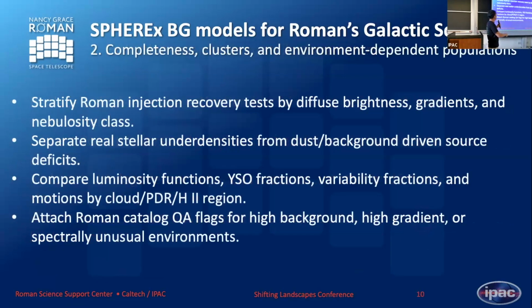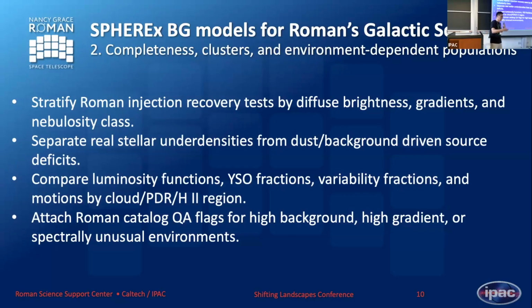And then secondly, for completeness, you can see approximately what kind of region it is, from the galactic background emission across all these different 100 channels. So you can get the SEDs and also some estimation of whether it is a PDR region, or H2 regions, and the approximate YSO fractions and things.